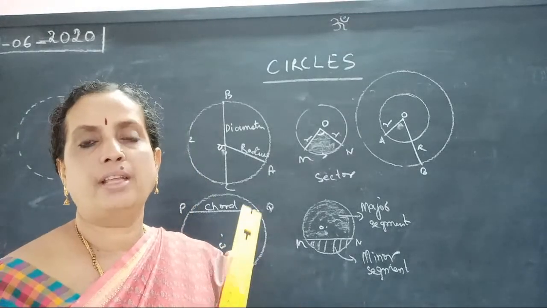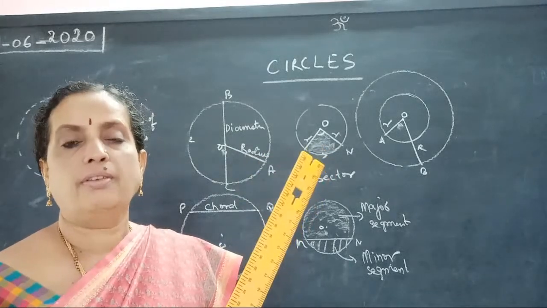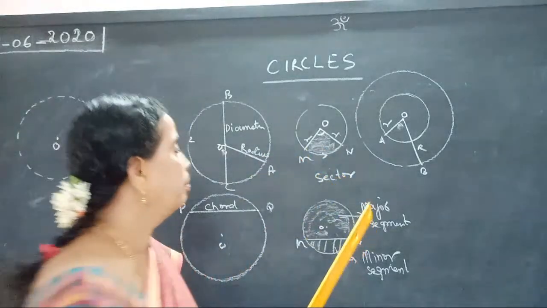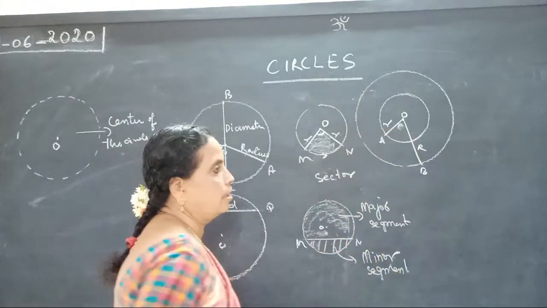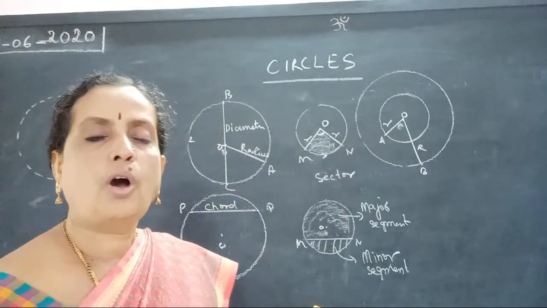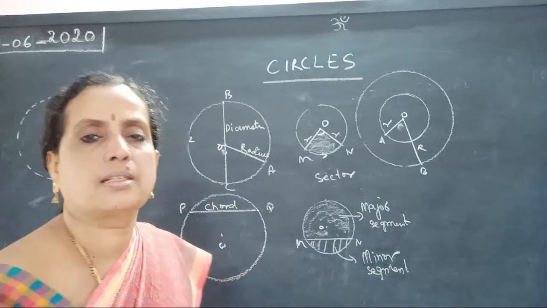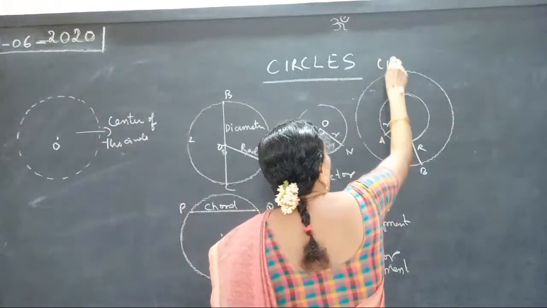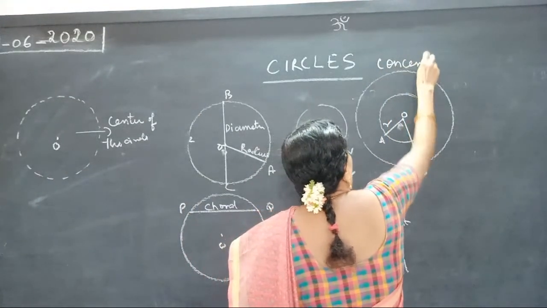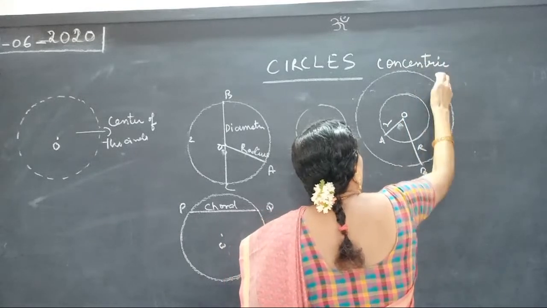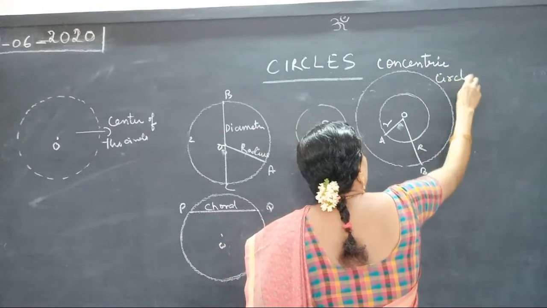Here we define these circles with the same center but different radius as concentric circles. Concentric circles.